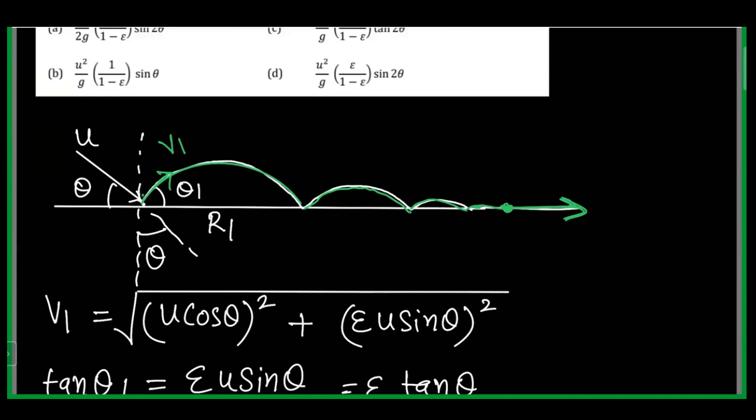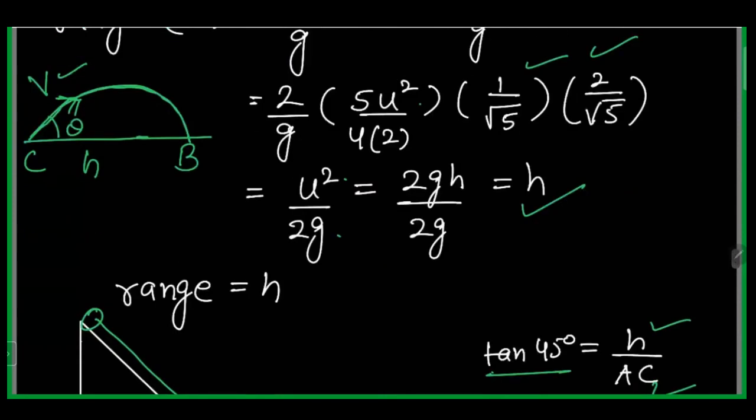So we did that, right? You remember we said that the final velocity is v1. Let's say this is your final velocity, the velocity after collision. The x component of that velocity will be u cos theta. And the y component of that velocity will be eu sin theta. I just want to give you the idea again.